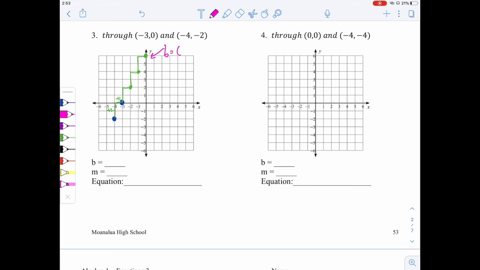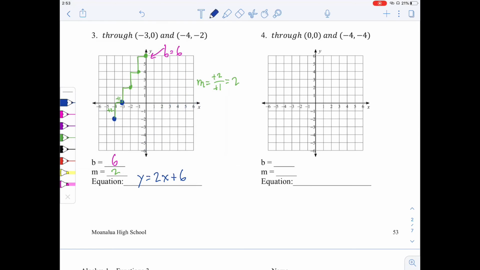So b is 6. And our slope was +2 over +1, which is just 2. So our y-intercept was 6, and our slope is 2. So our equation has to be y equals 2x plus 6.